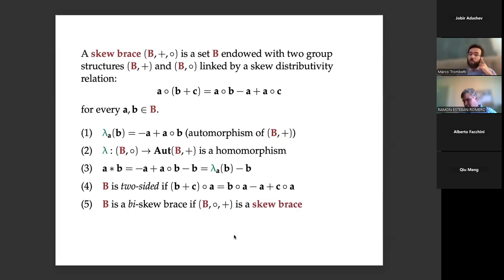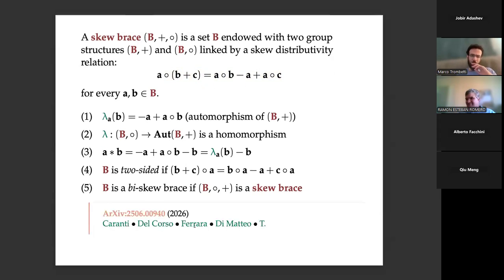The skew brace is called bi-skew brace if you swap circle and plus and you still get a skew brace. So a bi-skew brace means just that you can swap plus and circle and you get another skew brace. Not necessarily the same, they can be, but it's still a skew brace. I mean, it still satisfies the left skew distributivity.